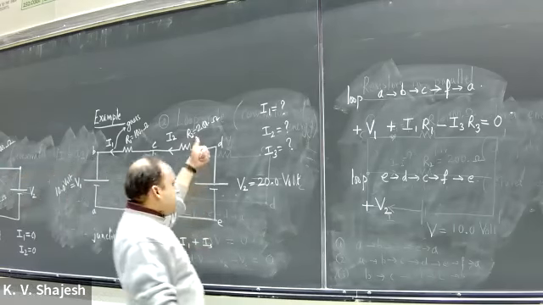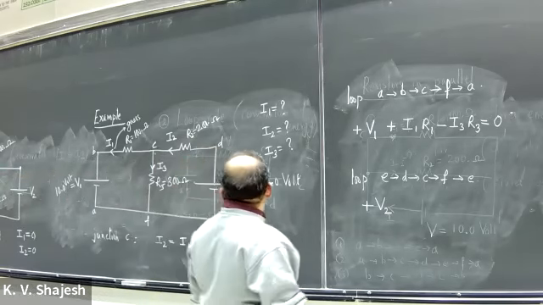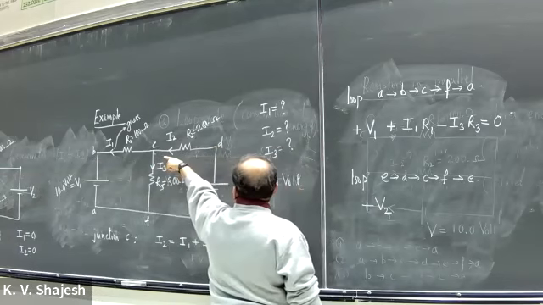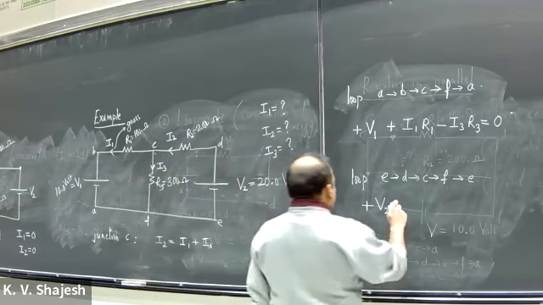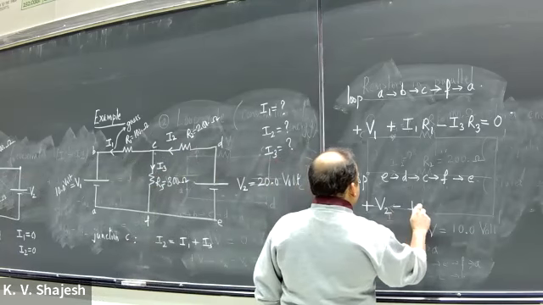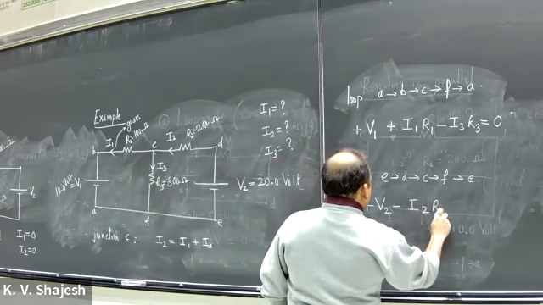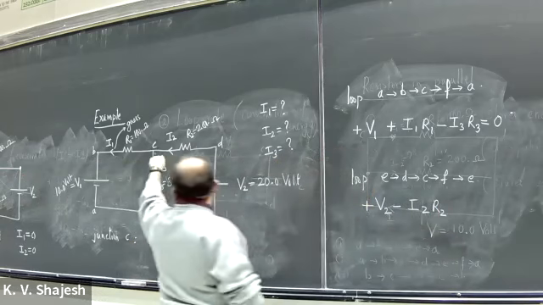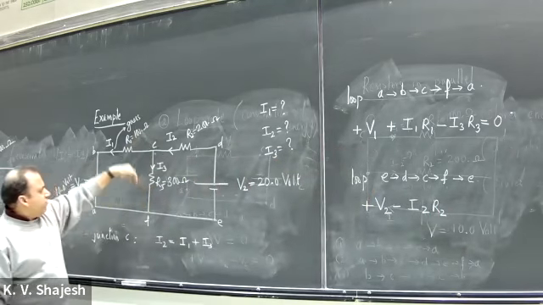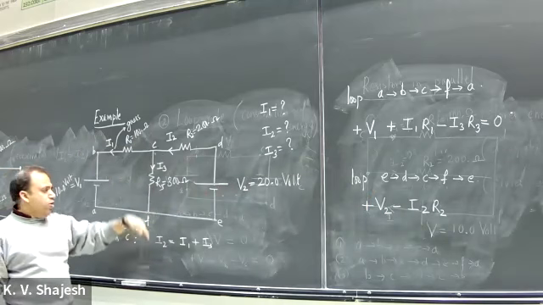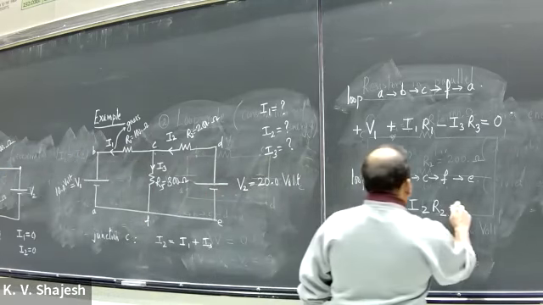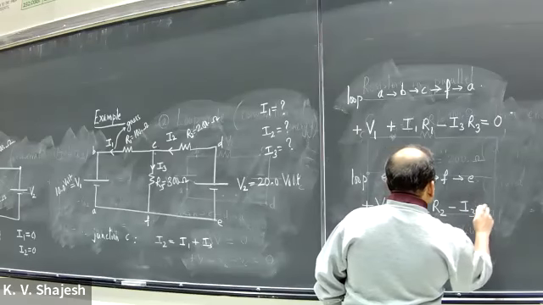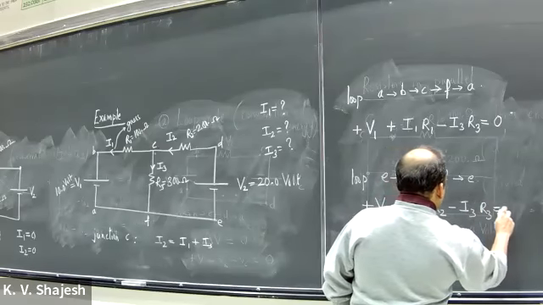But now we are going E to D, that's plus V2. We are going in the direction of the current. Current always goes from higher to lower potential, that's minus I2 R2. Again in the direction of current, current goes from higher to lower potential, so it is minus I3 R2, is equal to 0.